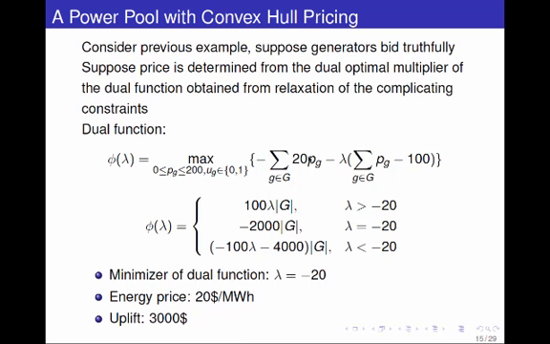For lambda bigger than minus 20, what's the optimal reaction in the Lagrangian? Notice that once we relax this constraint, this is decomposable by generator, so it's enough to just think of one generator. For lambda bigger than minus 20, for example lambda equal to minus 19, my claim is that it's better to keep the generator off and produce nothing.